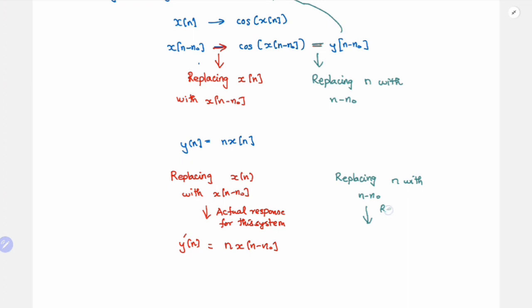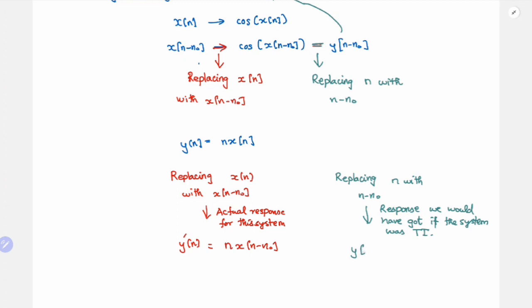So this is the response we would have got if the system was time invariant, correct? From the definition, this applies.